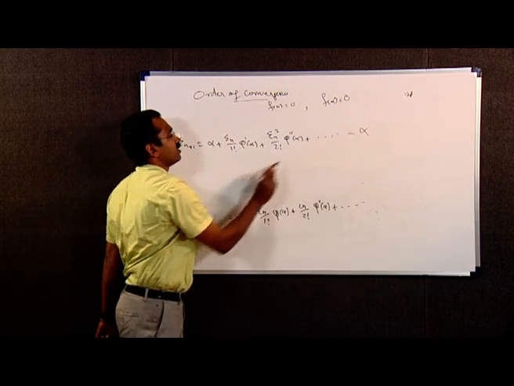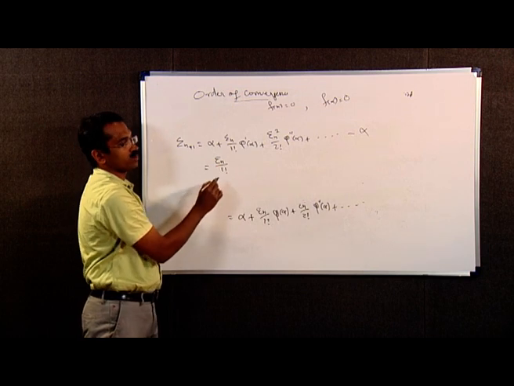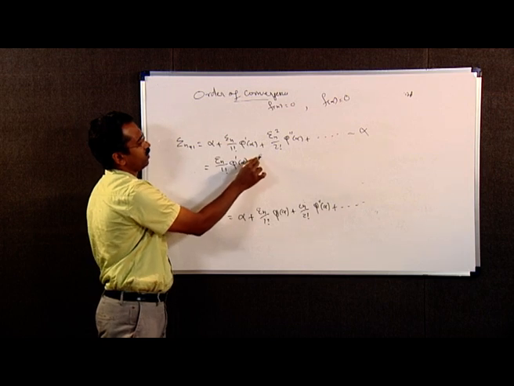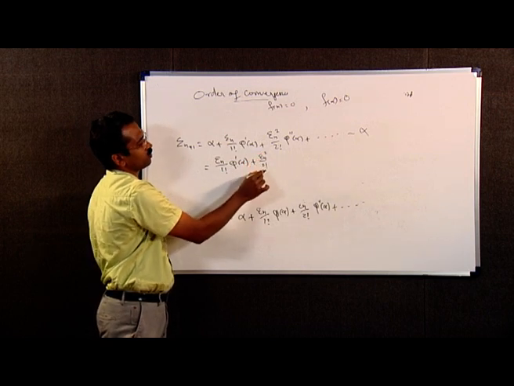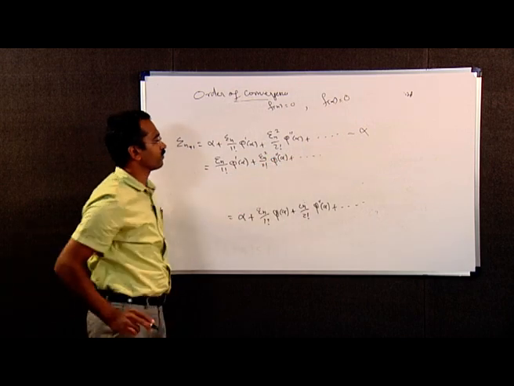Alpha minus alpha is equal to 0. Therefore, this is equal to epsilon n by 1 factorial into phi dash of alpha plus epsilon n square divided by 2 factorial into phi double dash of alpha plus etc.